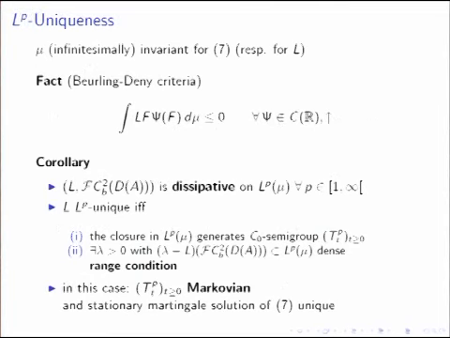Well, before I go to the results for the stochastic Navier-Stokes-Coriolis equation, I would just recall what you get out of these infinitesimally invariant measures for this Kolmogorov operator. So there is a nice theory around these kinds of operators, which could be thought of as, of course, infinite dimensional analogs of diffusion operators.